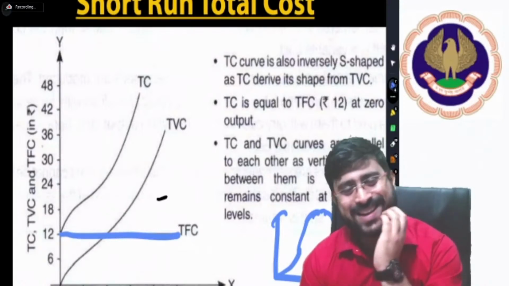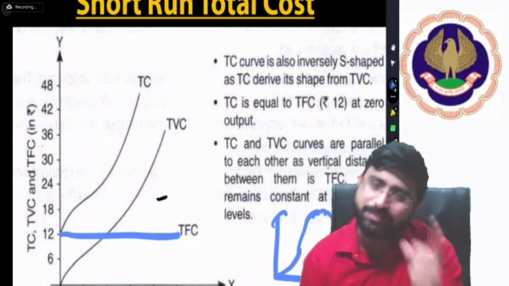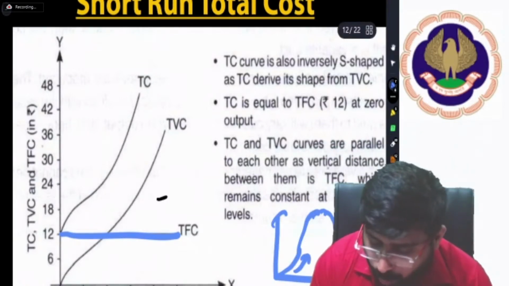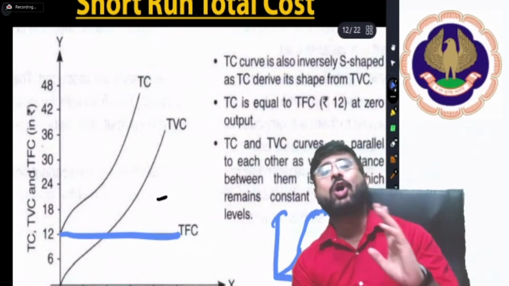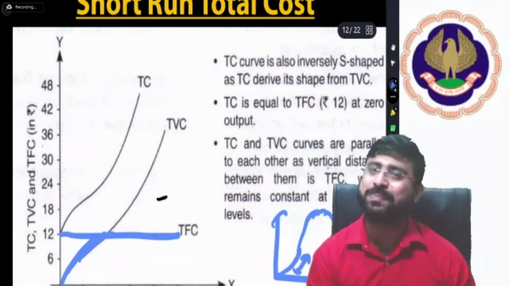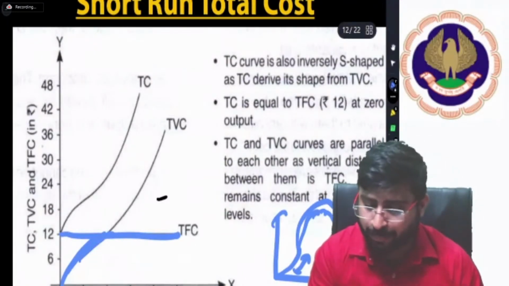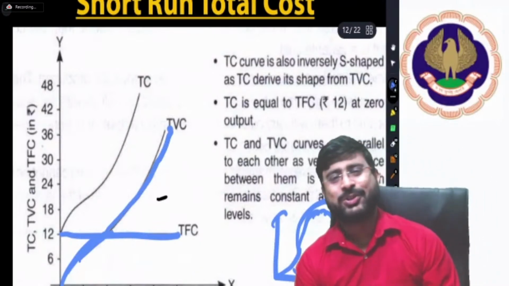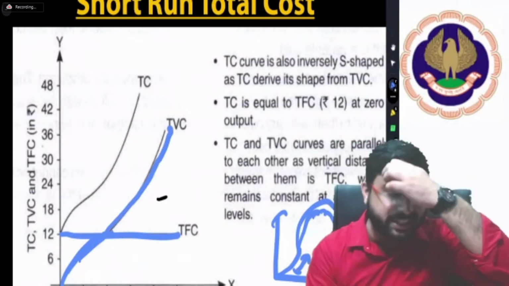Because just like the behavior of production, the same is the behavior of cost. If in production, output is increasing at an increasing rate, cost will increase at a diminishing rate. So here the cost curve is taking the inverse shape.